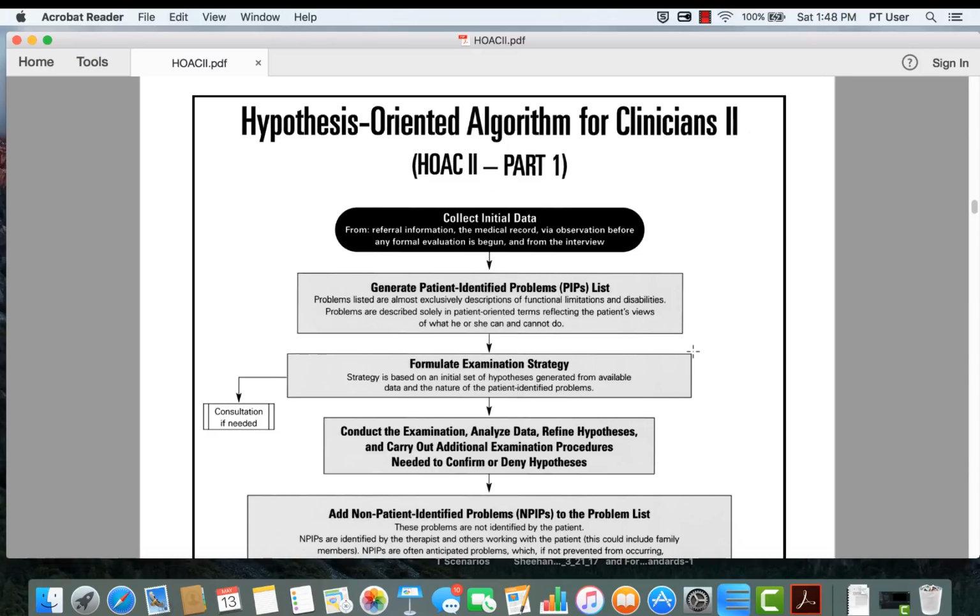Now, the main reason that we utilize this model is because it emphasizes a patient-centered approach to care.